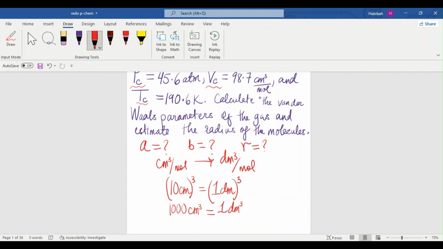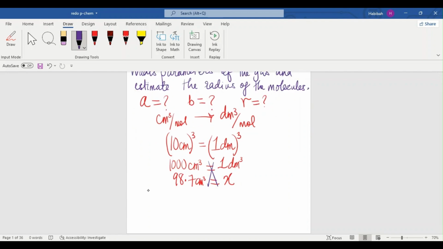So we've got this, and our information is 98.7 centimeter cube per mole. I'm going to first of all ignore the per mole because we don't need that in this solution. So I'm going to put 98.7 centimeter cube, and let me just call this X. So let's cross multiply.